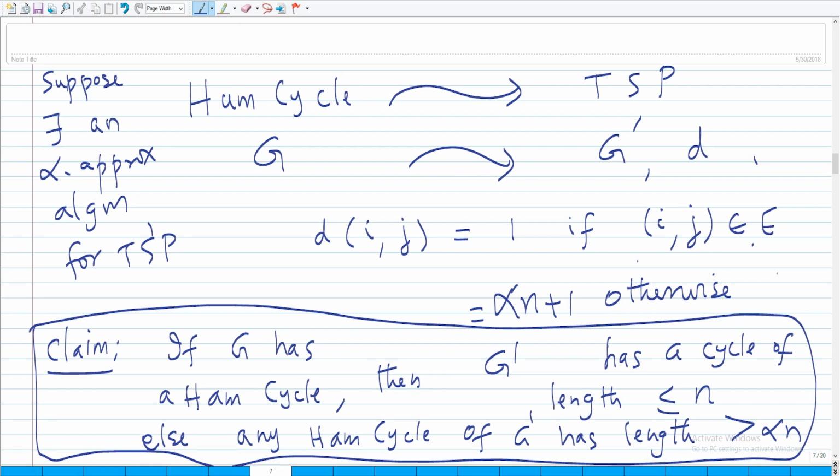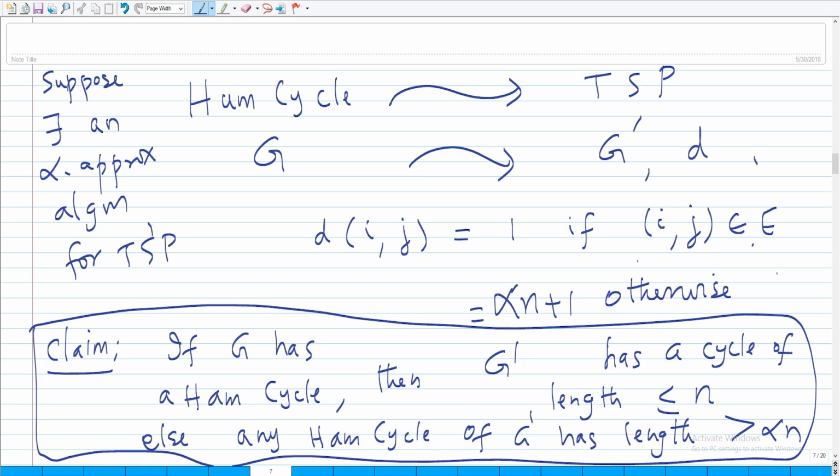And if G does not have a Hamiltonian cycle, it will produce a cycle of length greater than alpha n. But there are no cycles of length at most alpha times n except the original Hamiltonian cycle. So, somehow I have played around with my distances, so that I can even use an approximation algorithm to determine whether G has a Hamiltonian cycle or not.